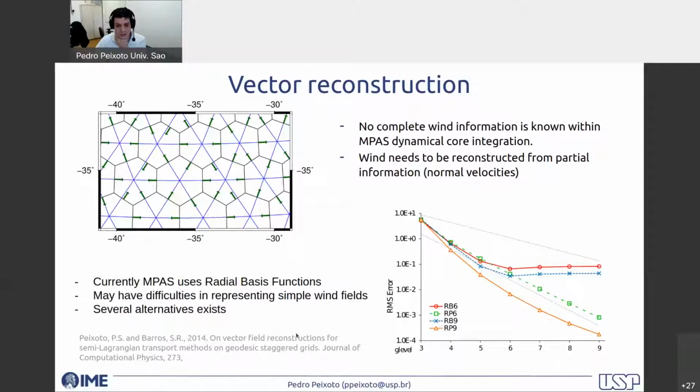But there are several alternatives to deal with that. The current MPAS implementation, I think, uses RBF6, but you have solutions to that, right? You can implement your own interpolation scheme to reconstruct your vectors for your purpose of wind energy. So this is something I think should be pursued by the wind energy community.